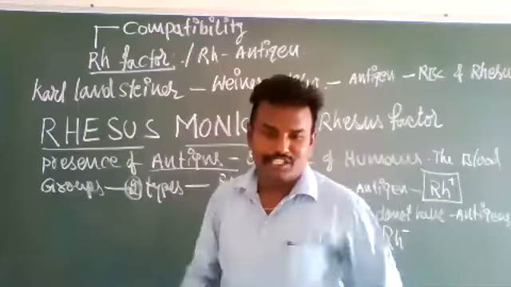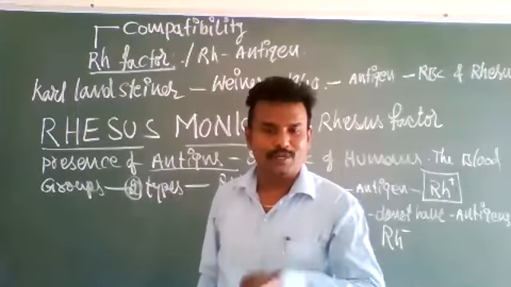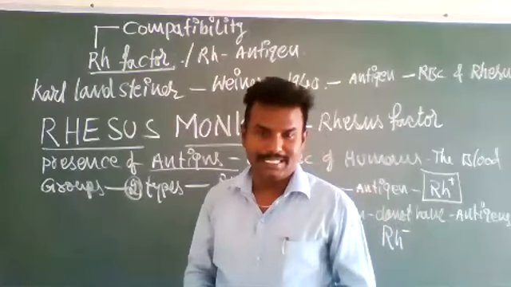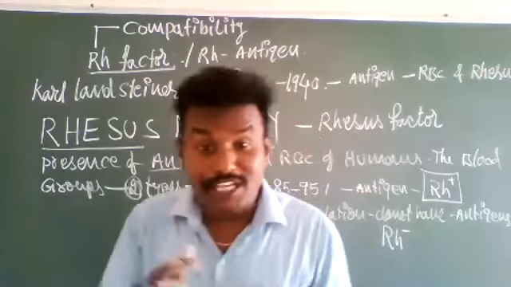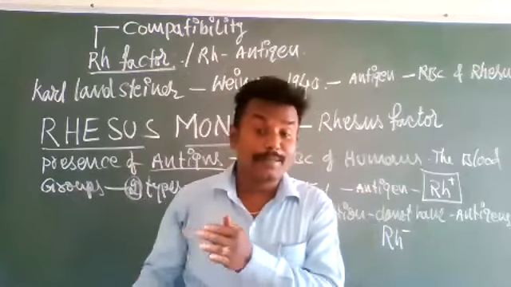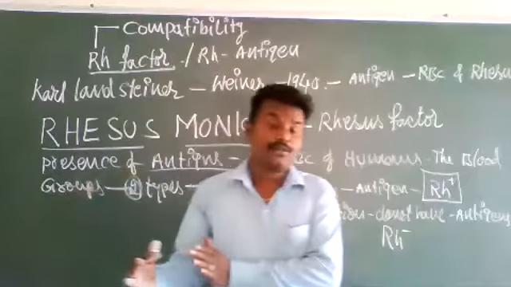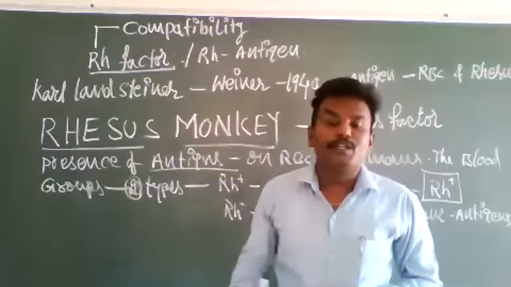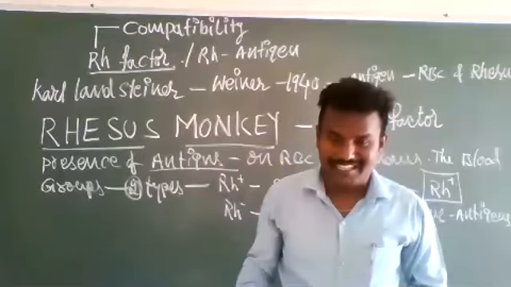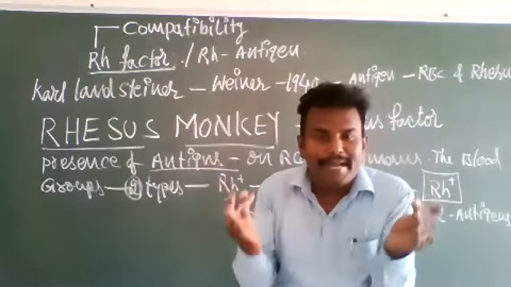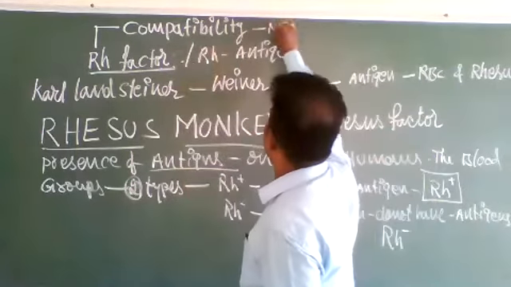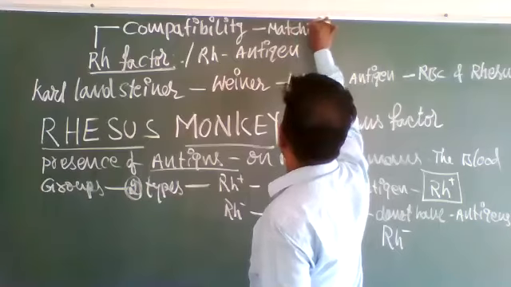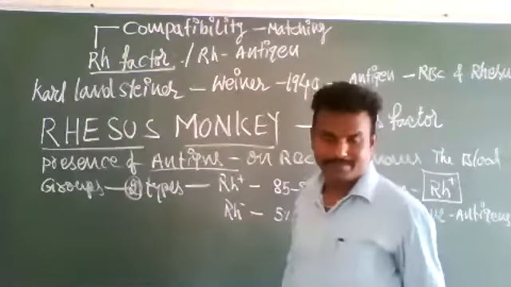Compatibility means matching: Rh positive with Rh positive, Rh negative with Rh negative. Just as with blood groups, an A person should donate blood to an A person only, and a B person to a B person only. Rh matching is very important.